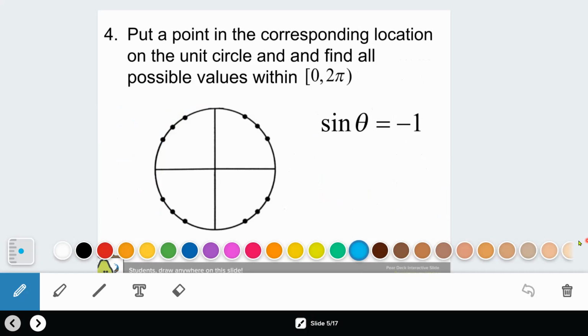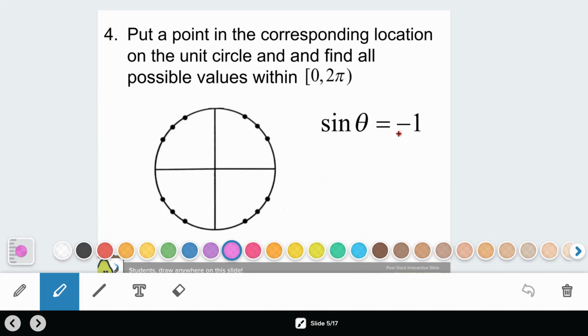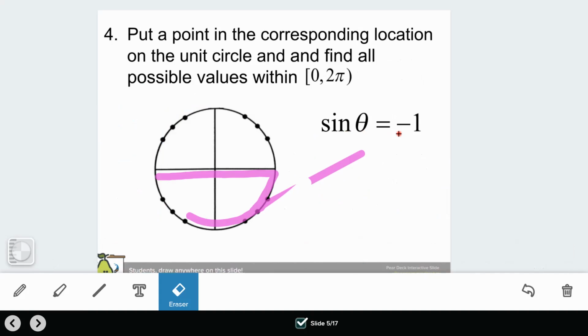Now this time we want to figure out the locations on the unit circle where my sine is going to be a -1. Sine being negative is going to occur in the bottom two quadrants. Let me start again with that.